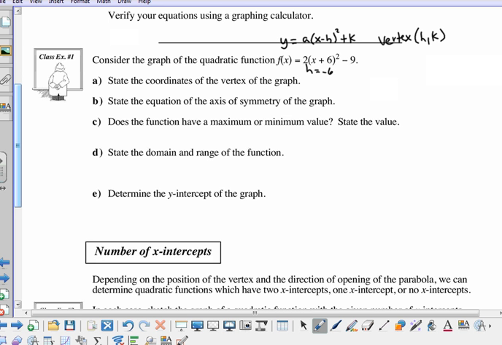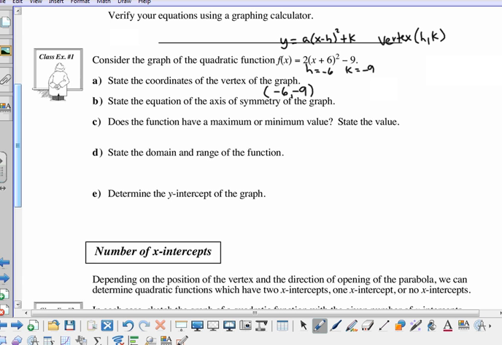Negative 6. What would the K be? Negative 9. Remember, the only sign that switches is the X value because of the minus sign. So what would be the vertex then? My H is negative 6, comma, my K is negative 9. That would be my vertex.